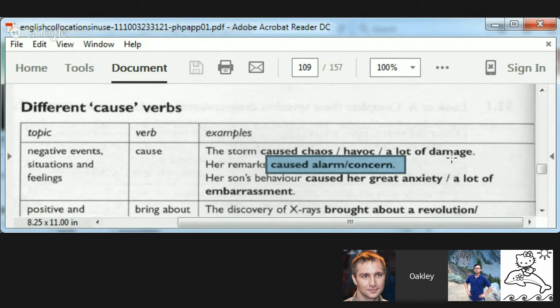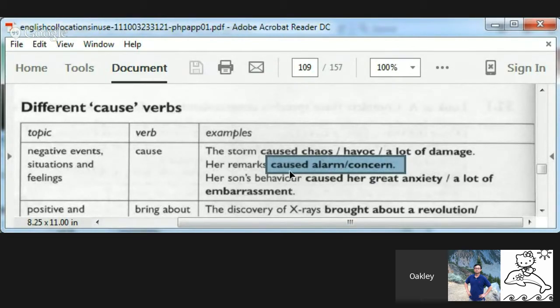I was going to say cause anxiety, but it's the next one. Oops. I didn't see it there. Cause anxiety is another strong collocation. Cause stress. Oh, yeah, our crazy boss is causing stress at work. Definitely negative things.